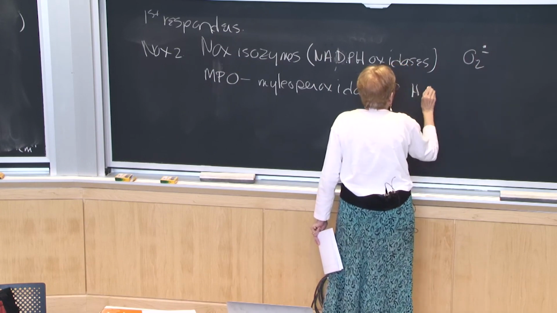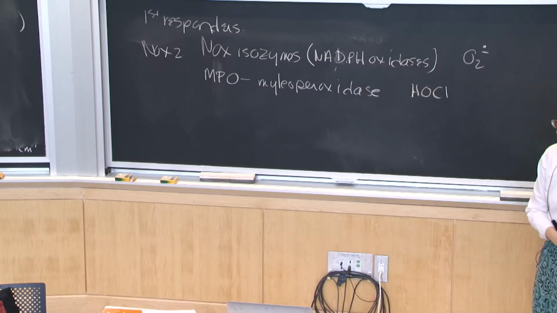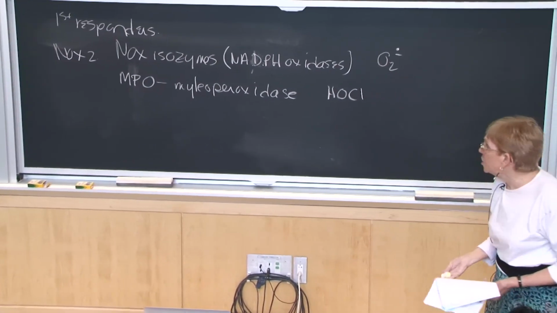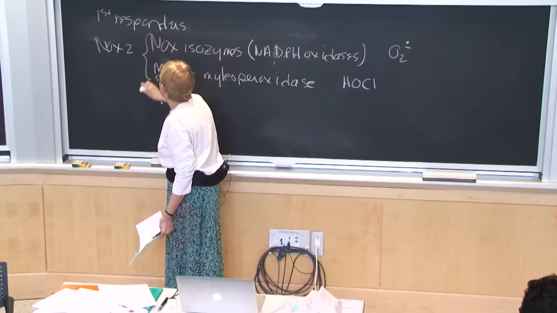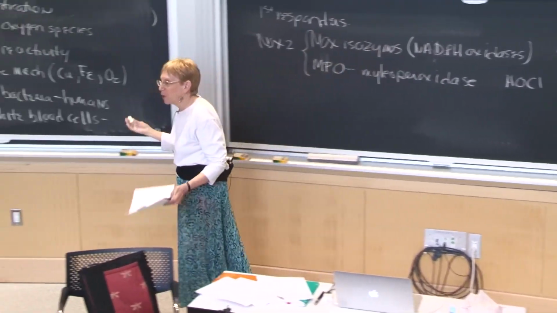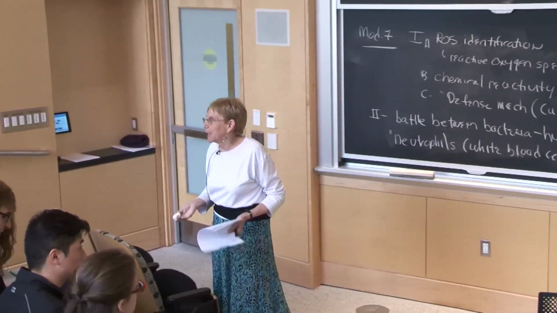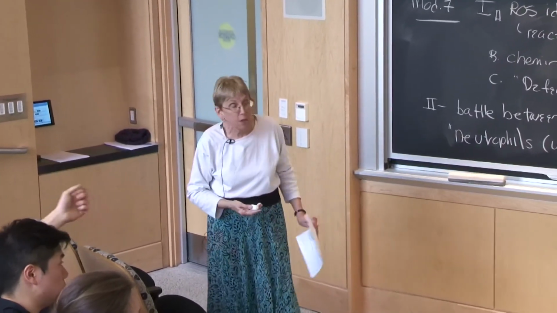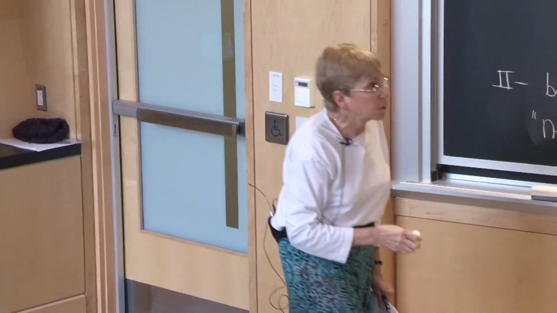This is involved in the neutrophils with generating hypochlorous acid. So these are the proteins, and together, I'll give you the current model, but the model I'm going to give you is much simpler than reality. Those are the proteins we're going to focus on, and those are two of the reactive species we're going to be focusing on.